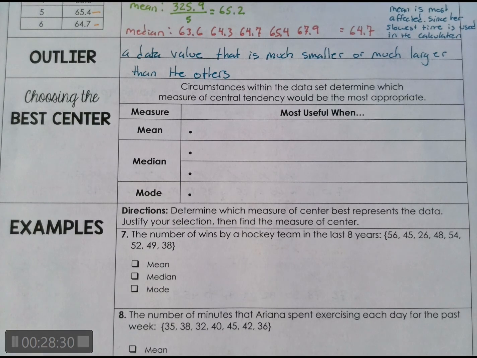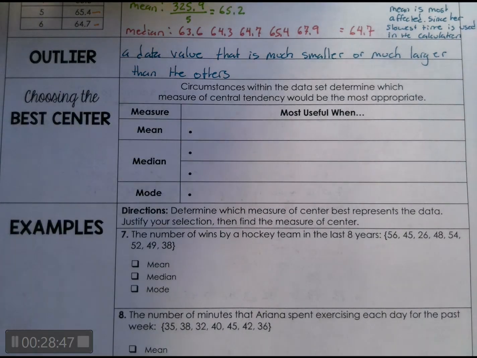Okay? Alrighty. So, we are actually going to talk about outliers a lot more tomorrow because we're going to have a very specific way to calculate them. Okay? Right now we don't have that specific way, but again, we'll talk about that next video.